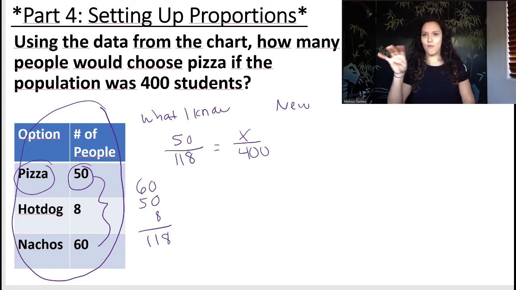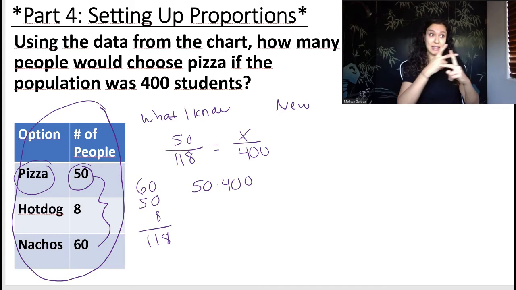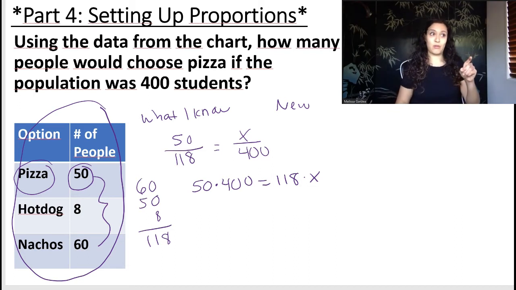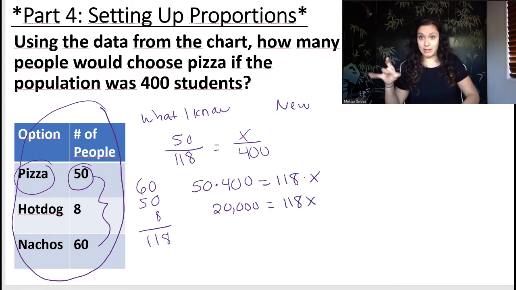Okay, let's do our butterfly method. These are big numbers. Okay, so 50 times 400 is the same thing as 118 times x. So 50 times 400 equals 20,000 equals 118 times x.